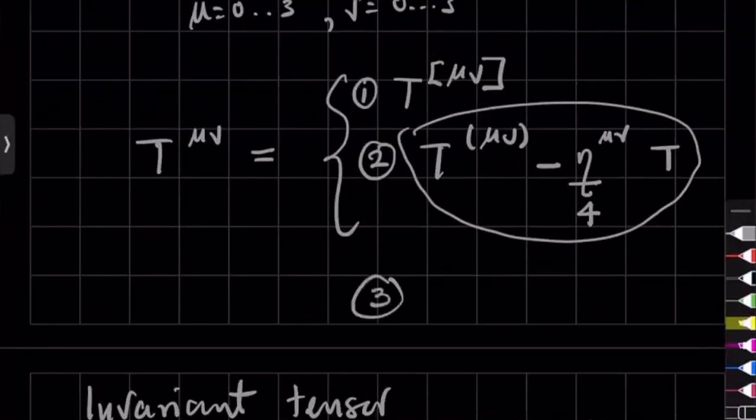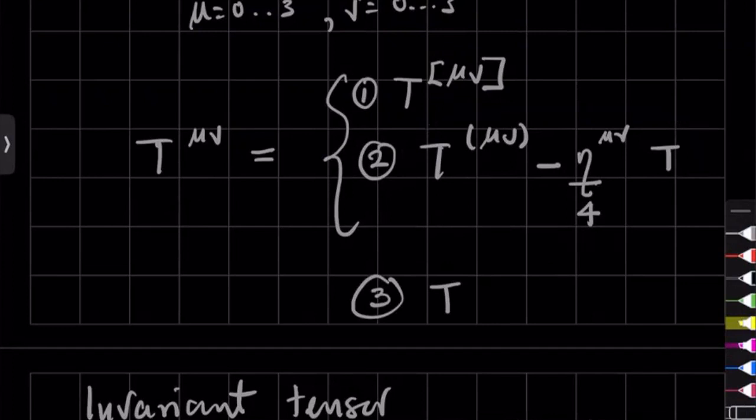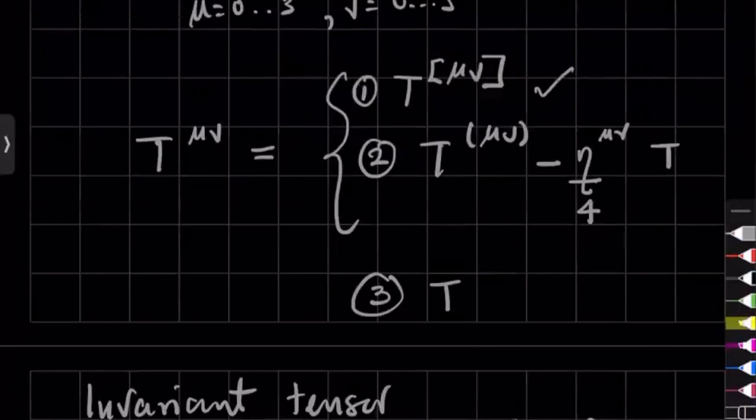And number 3 is T. So T^{μν} is not an irreducible representation, but one can show that the antisymmetric part, of course, is automatically trace-free because there are no diagonal elements, and the symmetric part minus the trace properly normalized, and the trace part. So these are the 3 irreducible representations.